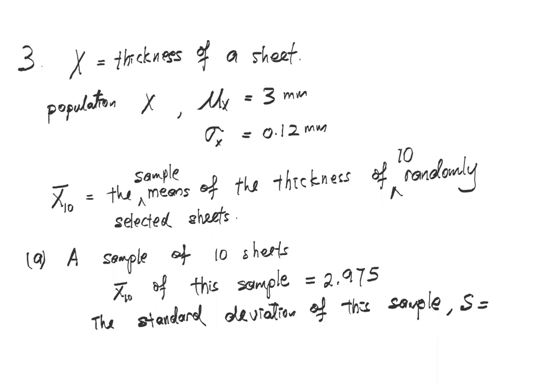So for part A, you are not supposed to use the central limit theorem because we are not talking about the mean of the sample mean. We are talking about the mean and the standard deviation of this sample. So what is the answer? Hello?